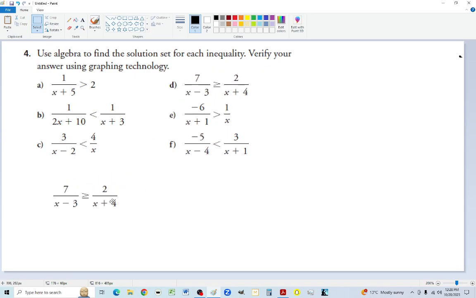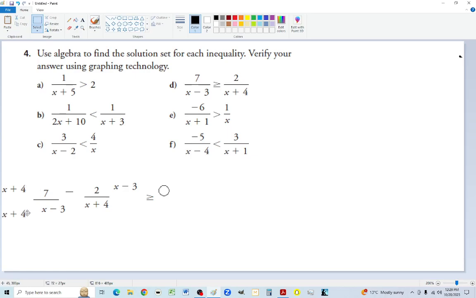Again, subtract this from both sides, and cross multiply. You're not really cross multiplying.